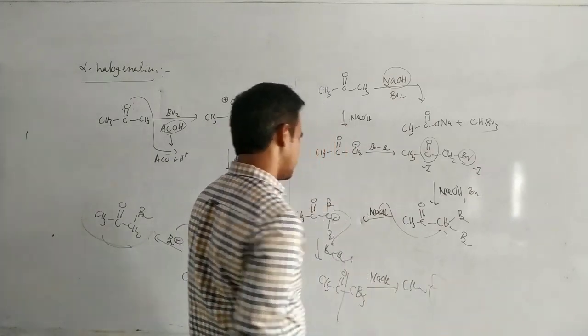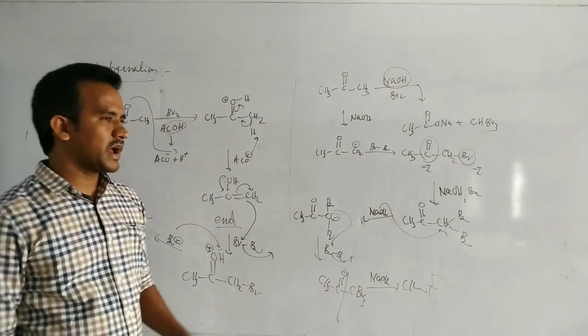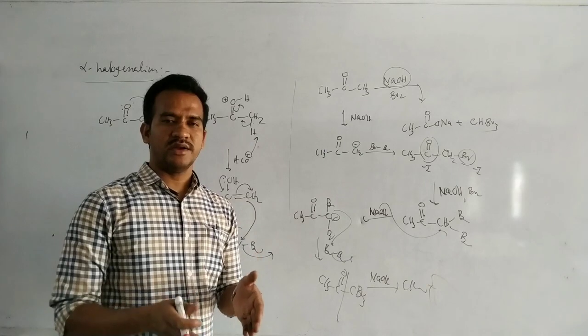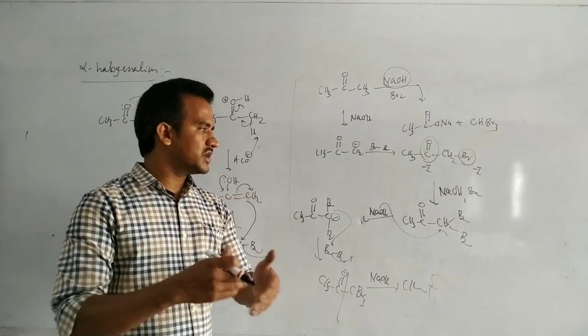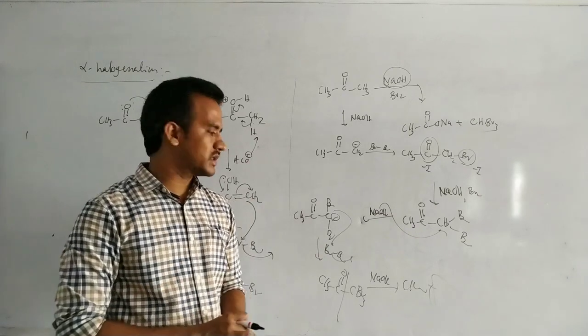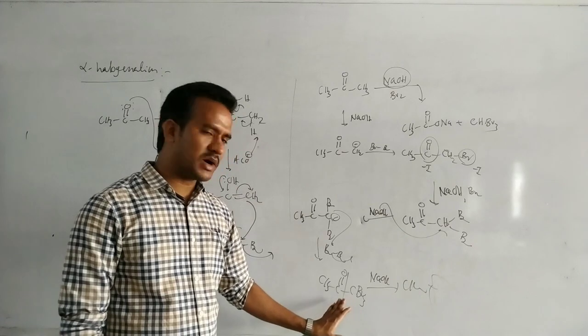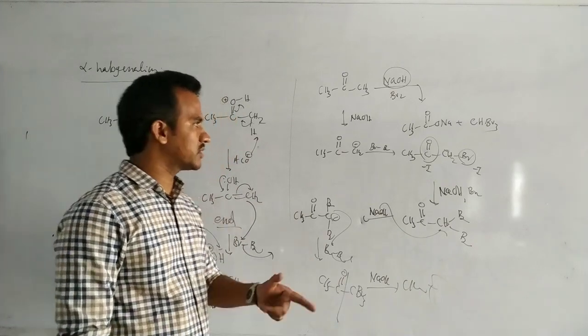This is nothing but the haloform reaction. By replacement of hydrogens, their acidic nature increases step by step. That's why all hydrogens are replaced by bromine. We get trihalogenation and then it is further cleaved to the carboxylic acid and bromoform.